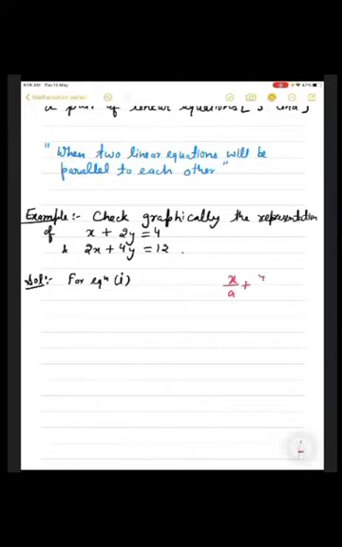We try to write every linear equation in this form where we have a constant term. In case of a constant term, we are not able to write it in this manner, and the graph of this type of linear equation is given by this, where this is a comma 0 and this is 0 comma b. So this is called intercept form.